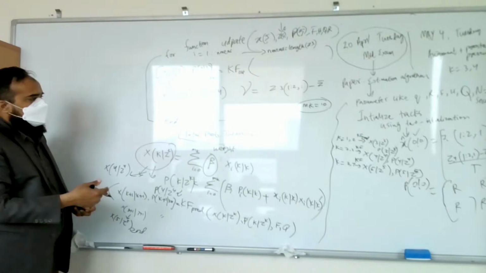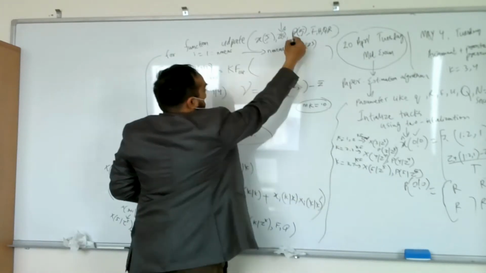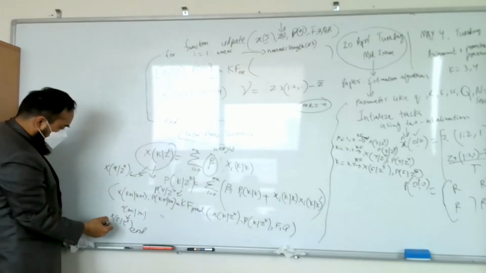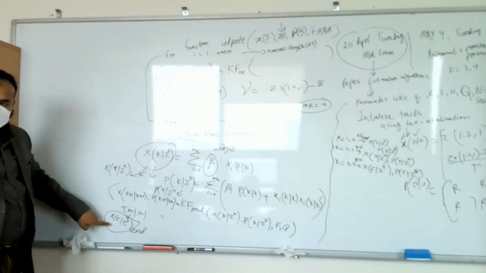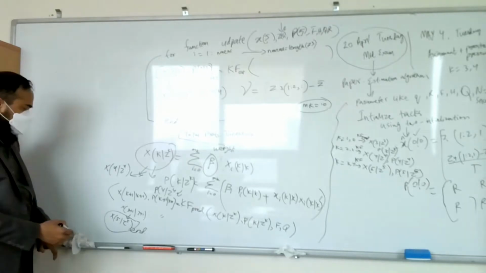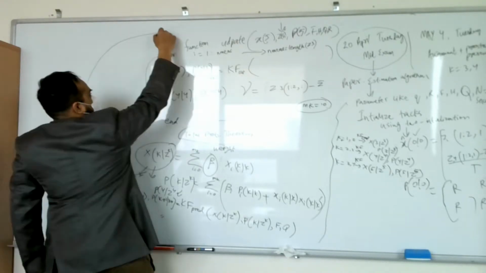As this is input here, this is also input here, this is also x5. You have to update x of 5 using the measurement z5. So also this will come here.